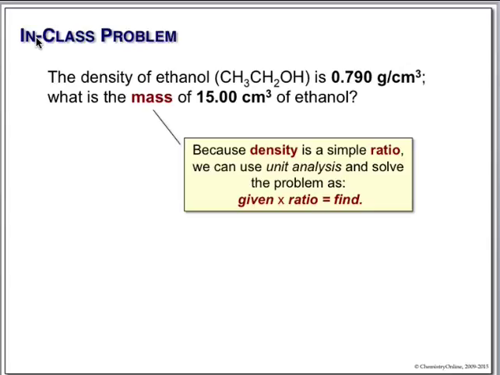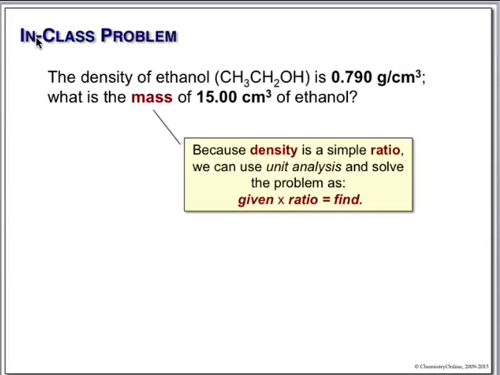Now again, what we're going to do here is simply take and use our formula, except this time let's do our problem-solving algorithm. I think you'll see that this will actually make it simple. Our given here is clearly going to be 15 cubic centimeters.